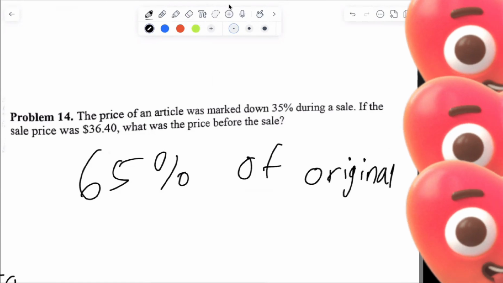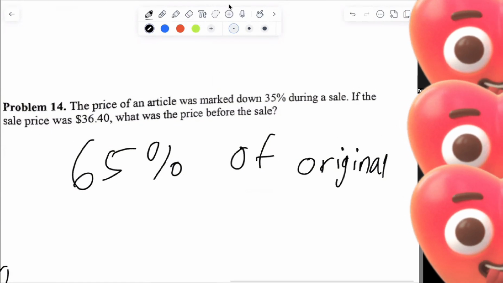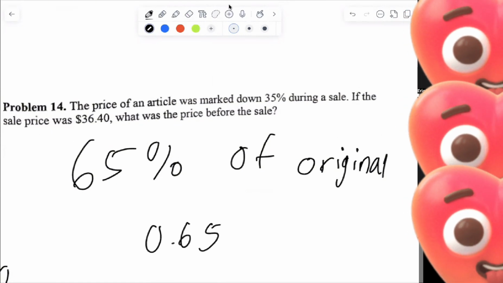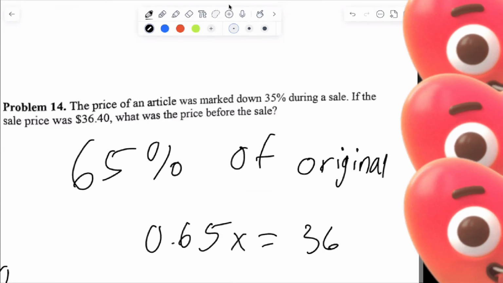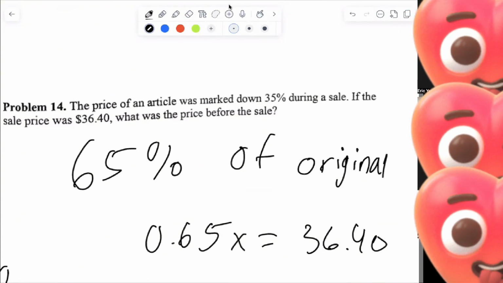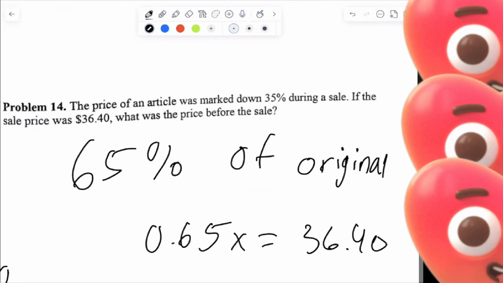The sale price is $36.40. So 0.65x is equal to $36.40. I'll let you solve this equation and tell me your answers in chat.